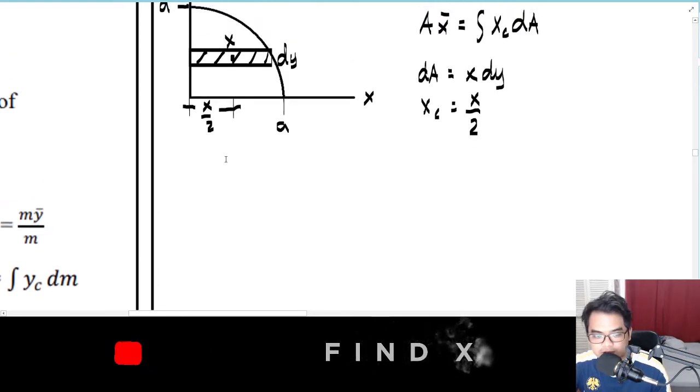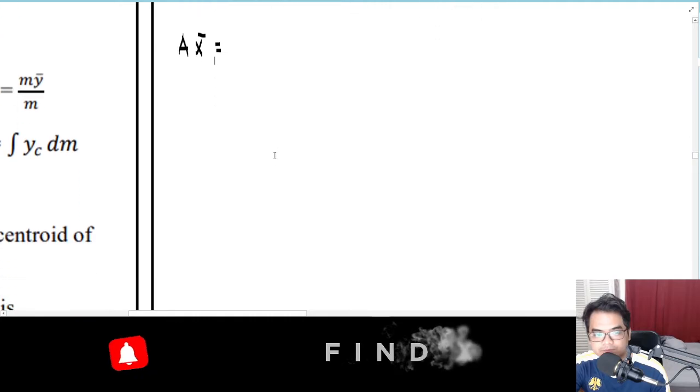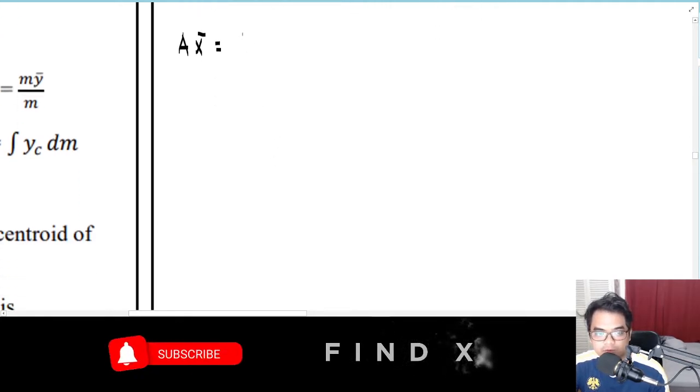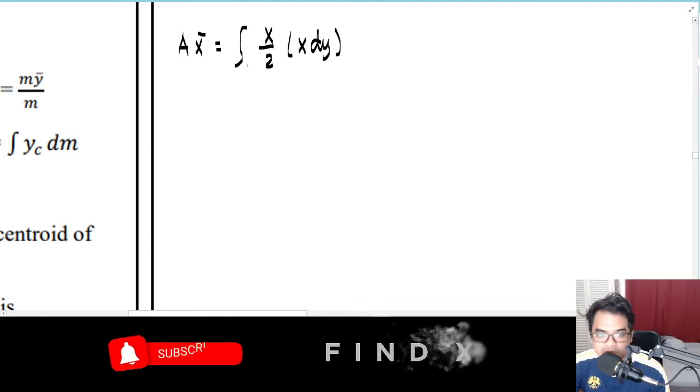Let's substitute all the values. So a x bar equals the integral of xc, which is x over 2, and dA is just x dy. We still have a limit, which is from 0 to a.